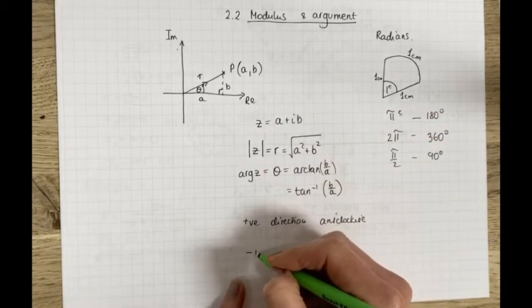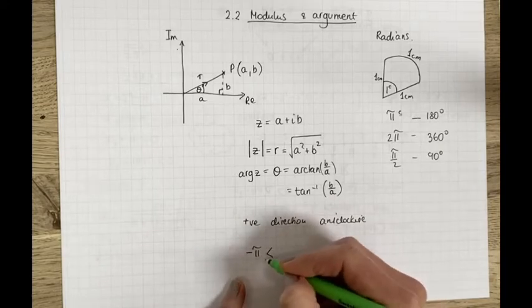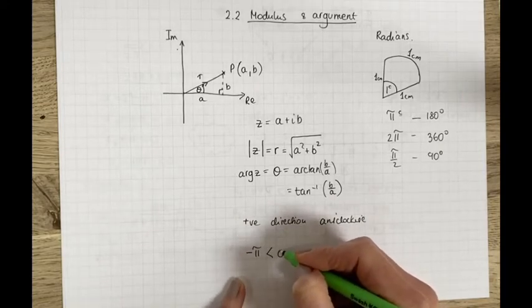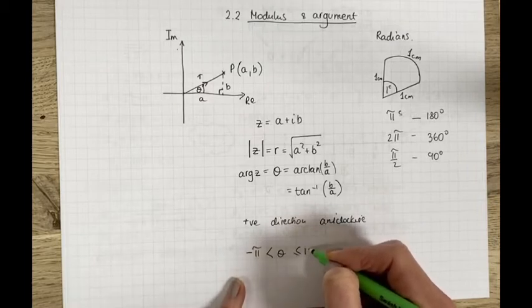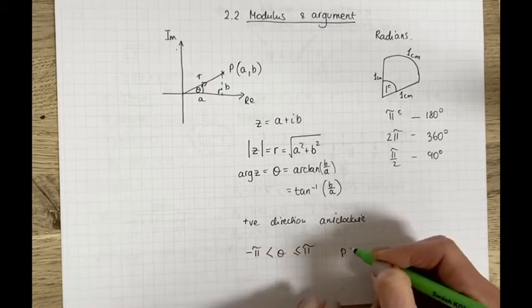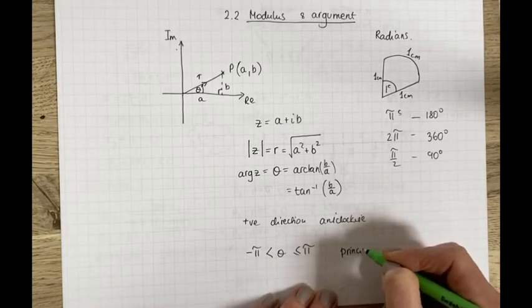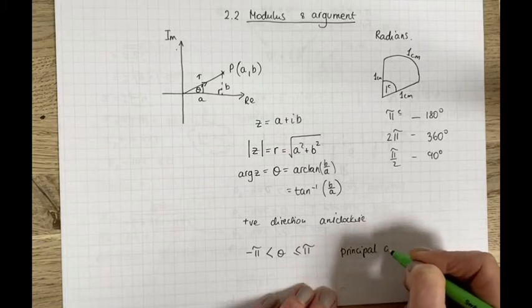It's common to use throughout the book the argument from minus pi, which represents 180 degrees, to pi, and if the argument falls between those two values, it's called the principal argument.